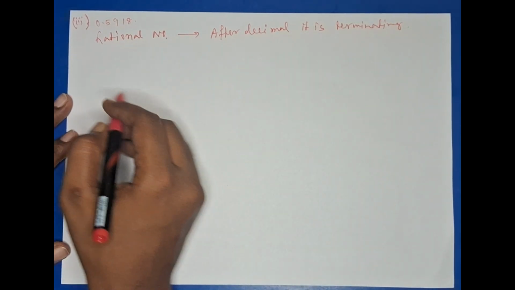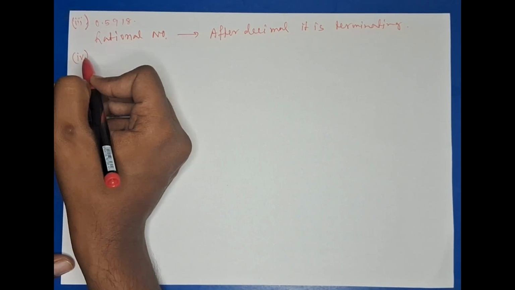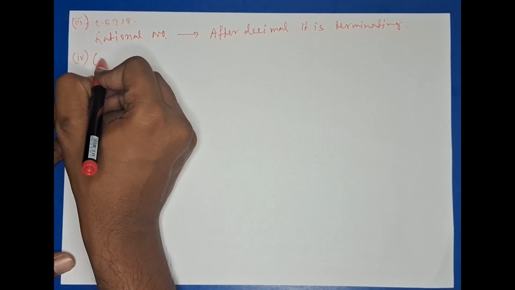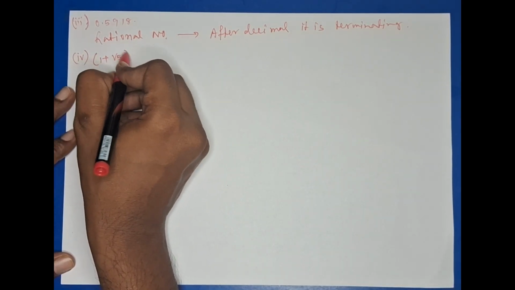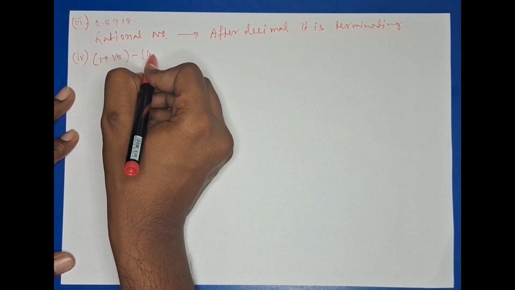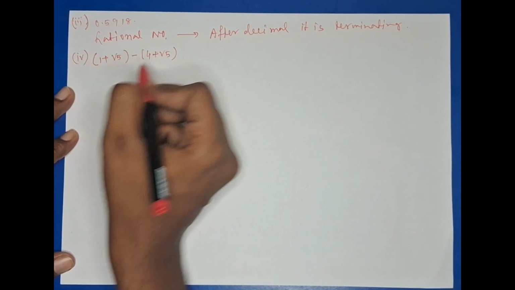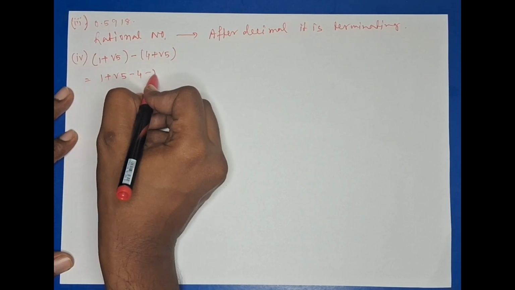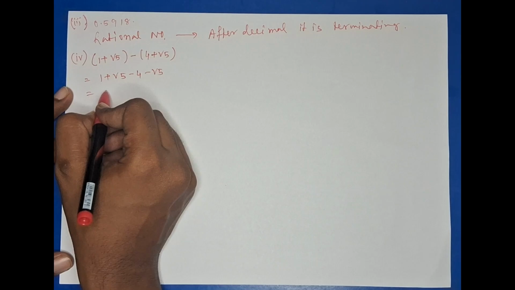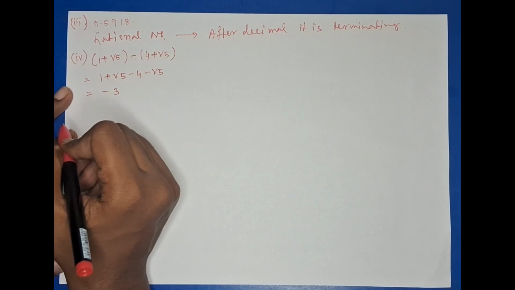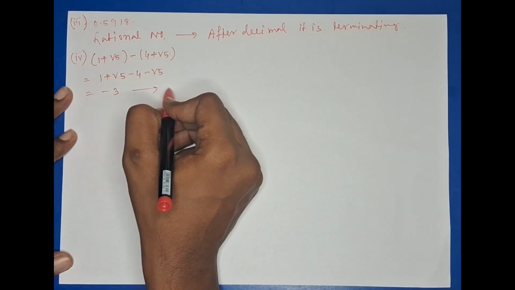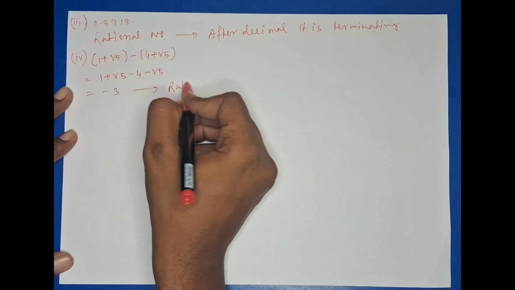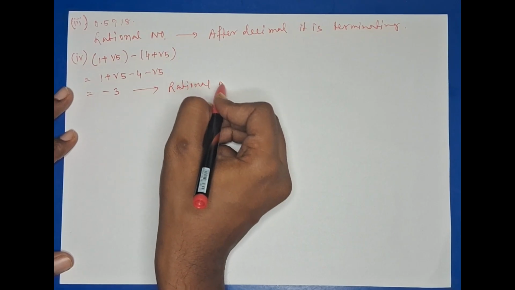Okay, and what about the fourth one? 1 plus root 5 minus 4 plus root 5. Let us break it. 1 plus root 5 minus 4 minus root 5. This is equal to minus 3, which is a rational number. Easy?